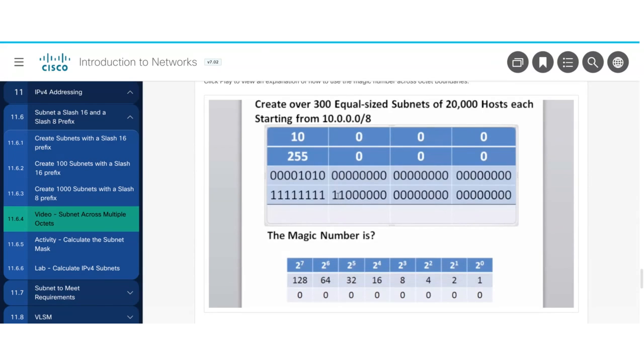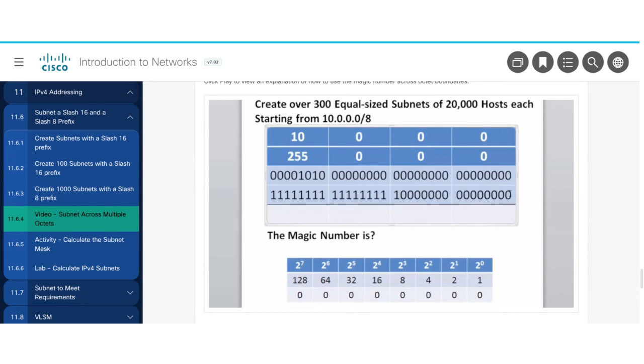Now we have 4 subnets, 8 subnets, 16, 32, 64, 128, 256, 512. If we borrow 9 bits, we'll have 512 subnets that we create, and that will be sufficient to meet the demand for 300 equal-sized subnets. What about the requirement of 20,000 hosts each? We have 15 zeros left for hosts per subnet.